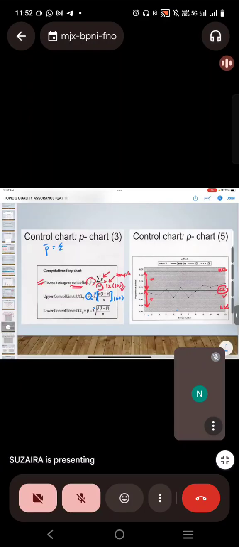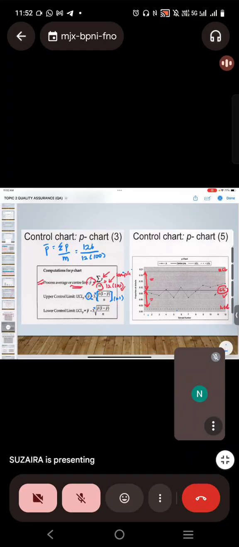P bar is equal to the sum of P divided by M. So here we have 126, divided by M, which is 12, times 100.